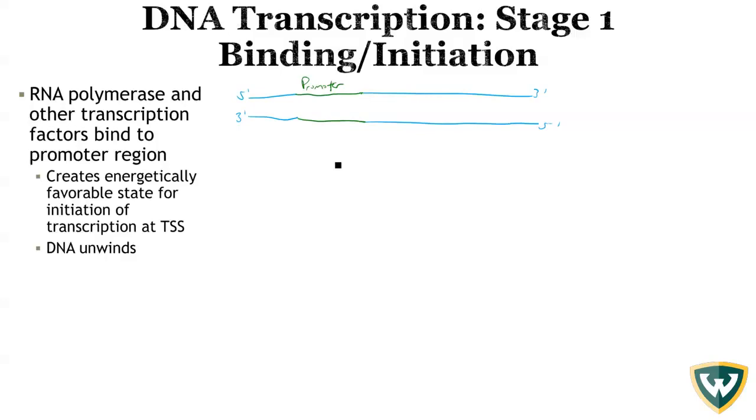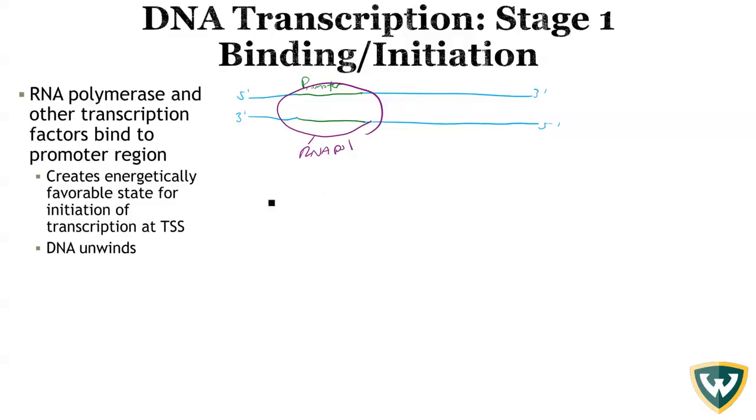So you have a protein called RNA polymerase, different from the DNA polymerase, but it essentially does the same function. This recognizes a promoter and binds to it. So we'll have an RNA polymerase bind to the promoter region.